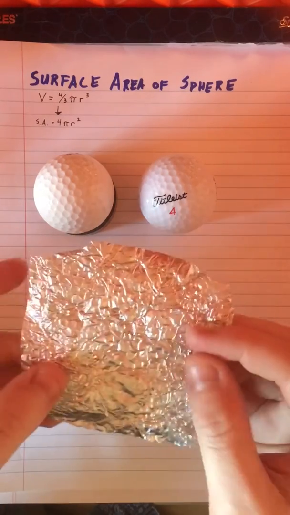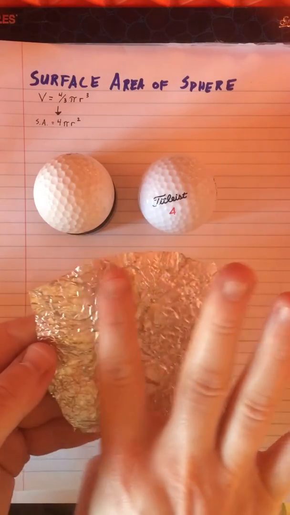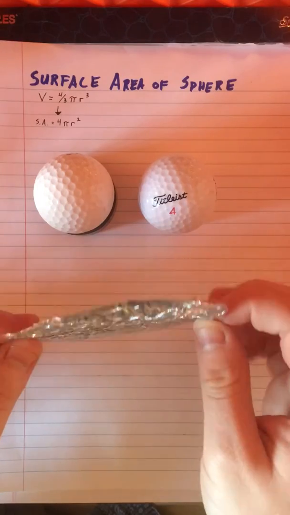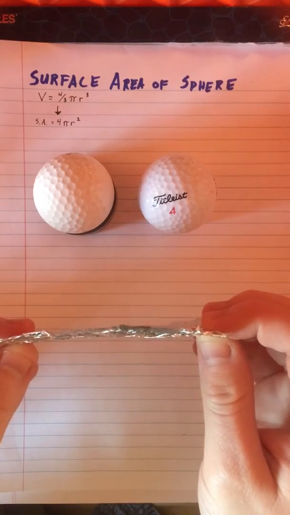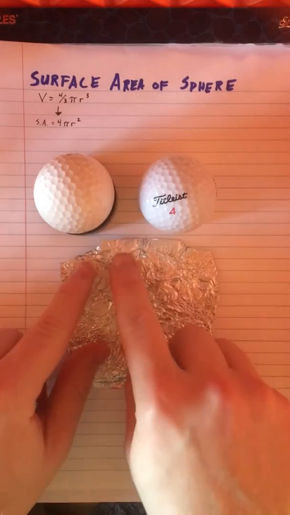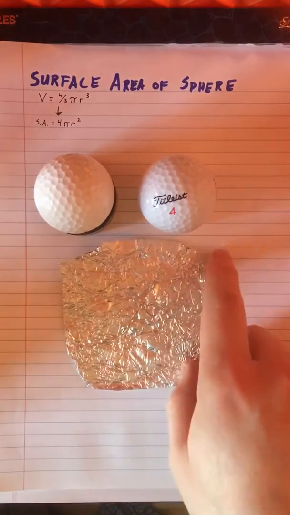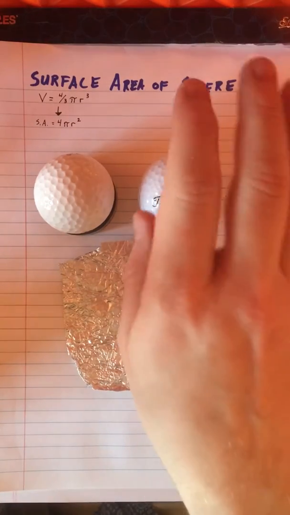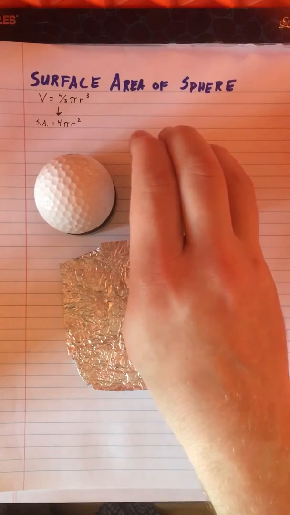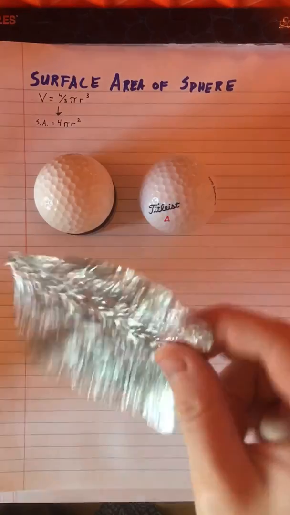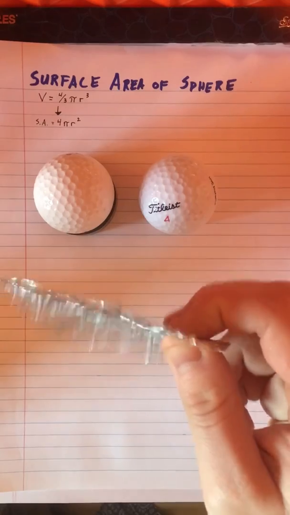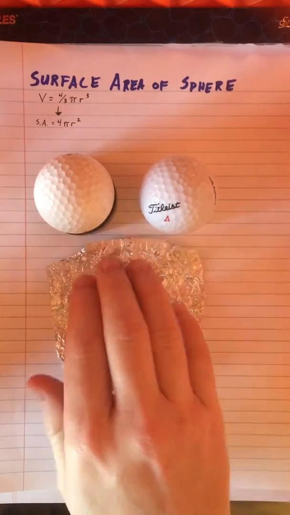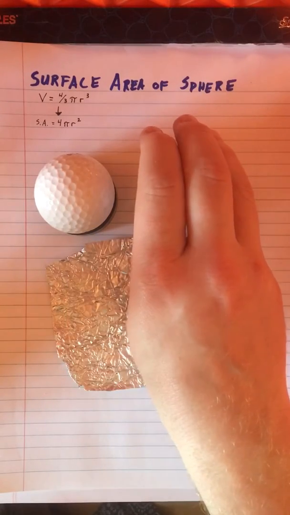The volume of this prism would be the area of its base times that really, really, really thin height. If we can get the area of the base of this prism, we're going to get a really good approximation for the amount of area it would take to cover this golf ball. If we make this prism infinitely thin, as that thickness goes to 0, then the area of the prism would become the area of the golf ball.